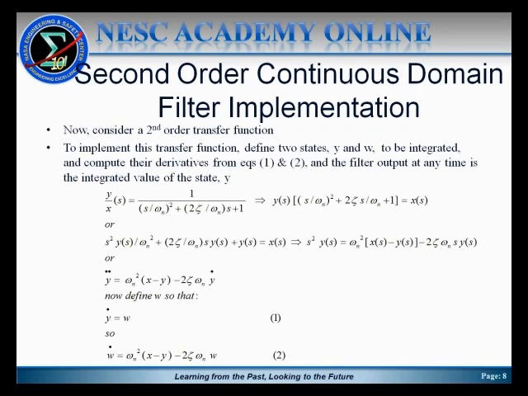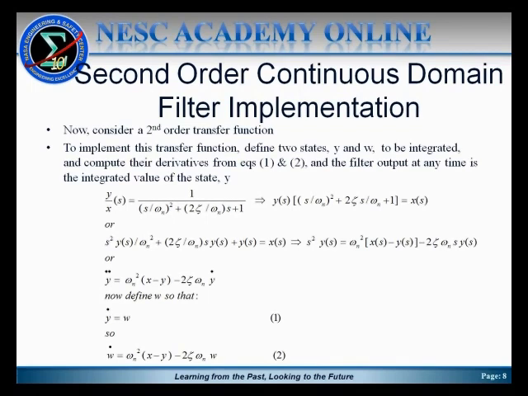Then again, just rearranging that as we did on the previous slide and consolidating to obtain the highest power of s times y on the left side of the equation as a function of lower powers of s, and then again replacing with the knowledge that the s operator is just a time derivative, you can result in the equation in the middle of the page there of y double dot equals omega n squared times x minus y minus 2 zeta omega n times y dot.